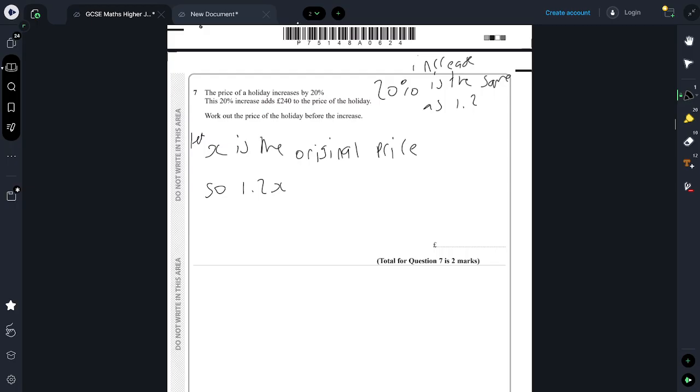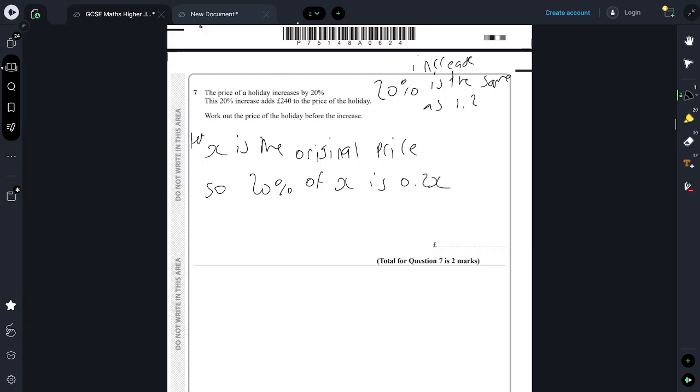Okay. Now this 20% increase adds 240. Okay, so it's asking us to find 20% of x, and 20% of x is 0.2x. Okay.